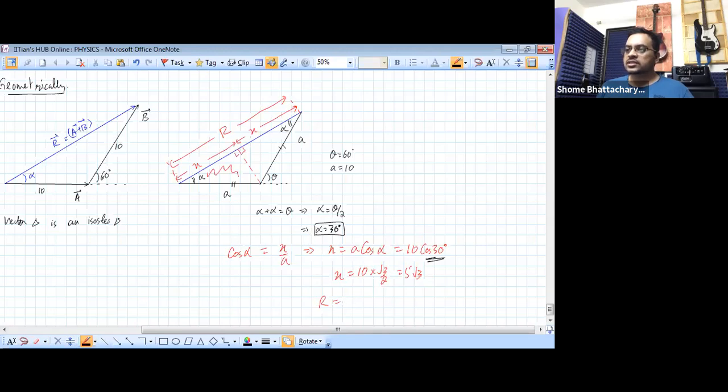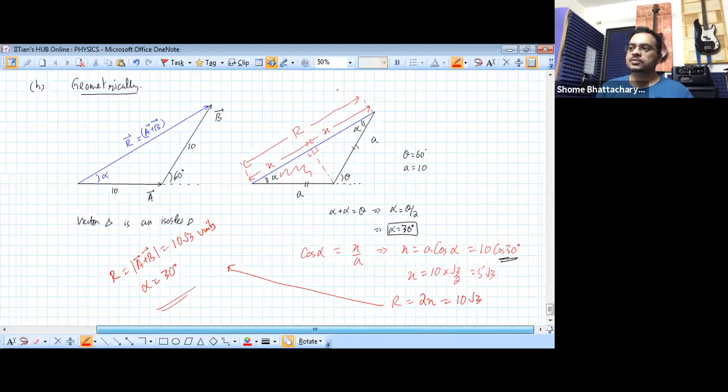All right, so the resultant's magnitude is 2x, or 10 root 3. Okay. So you can see here that this is the magnitude of A plus B becoming 10 root 3 units, and alpha is 30 degrees. So that is justified geometrically, which we got from the formula based method earlier.